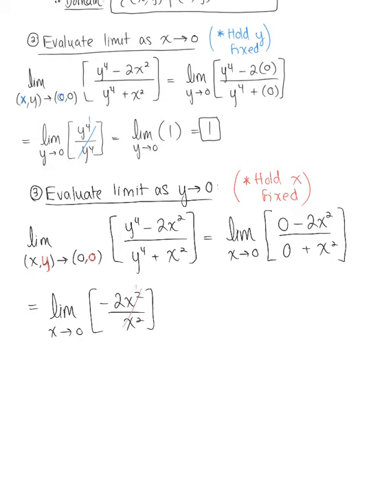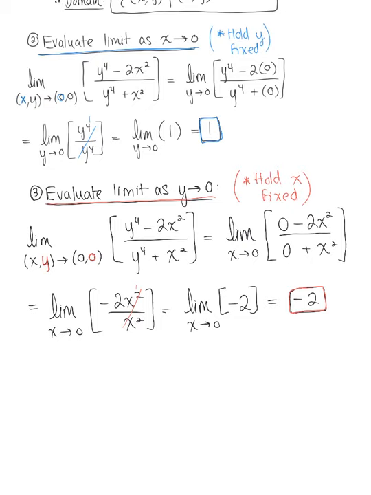The x squared in the numerator and denominator cancel each other out, leaving us with the limit as x approaches 0 of negative 2, which just leaves us with the constant negative 2. We can see from step 2 that we had a limit of 1 when we evaluated the limit as x was approaching 0. In case 2, we have a limit of negative 2 as we took the limit as y was approaching 0.